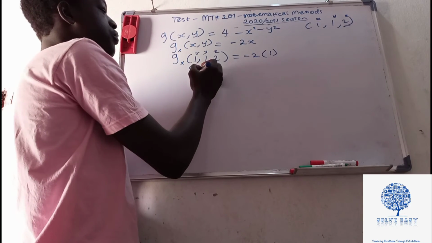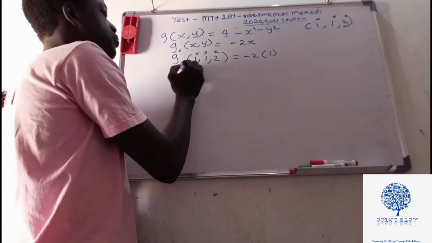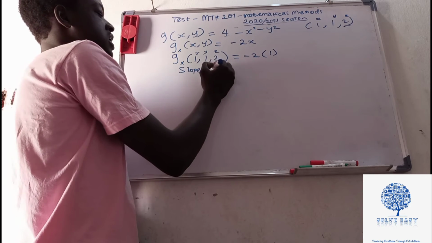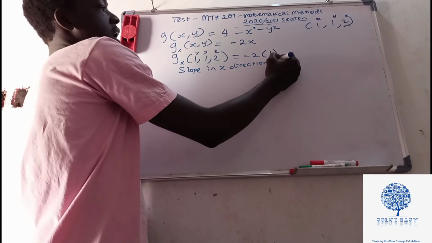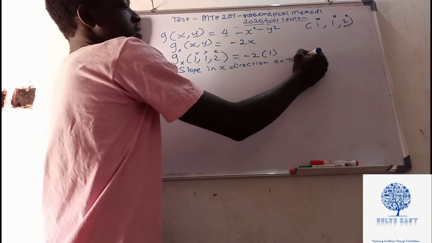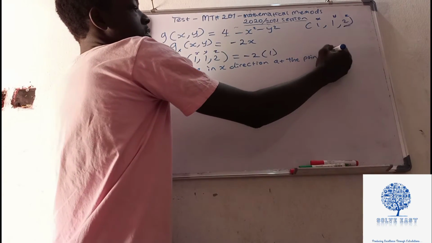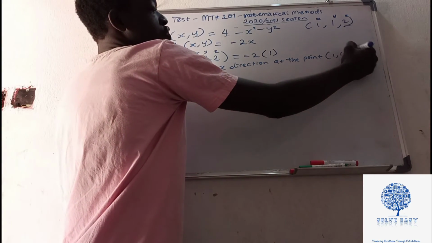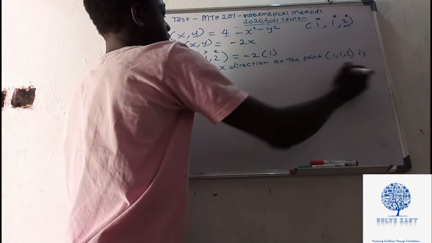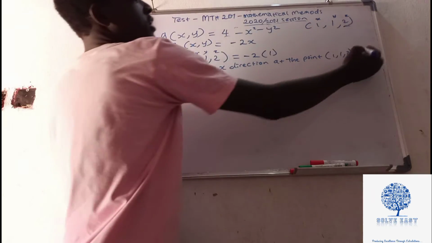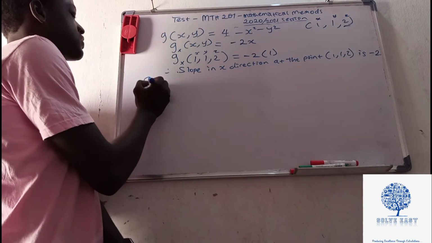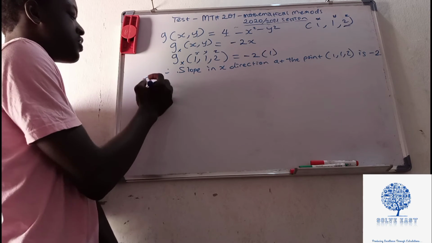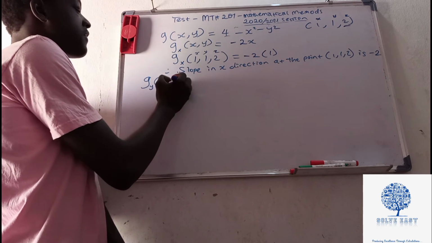Therefore, our slope in the x direction at the point (1, 1, 2) is minus 2.